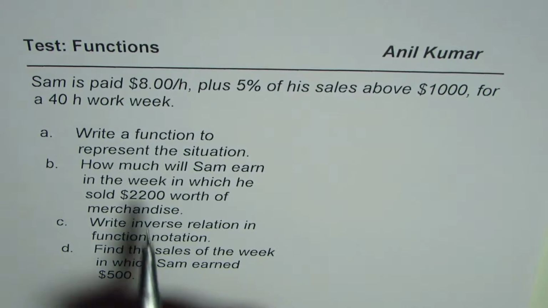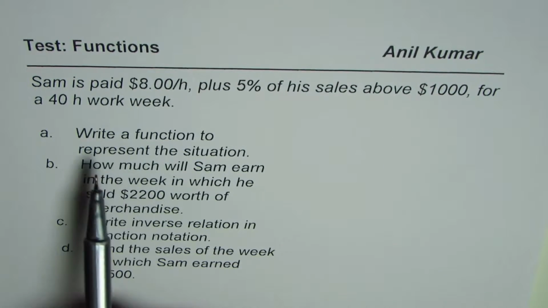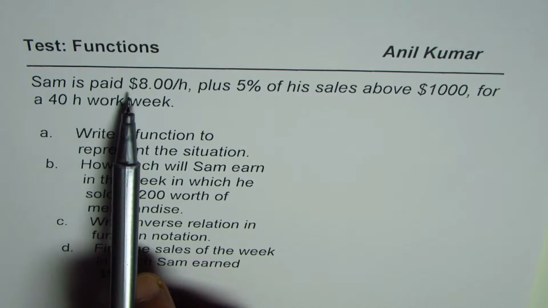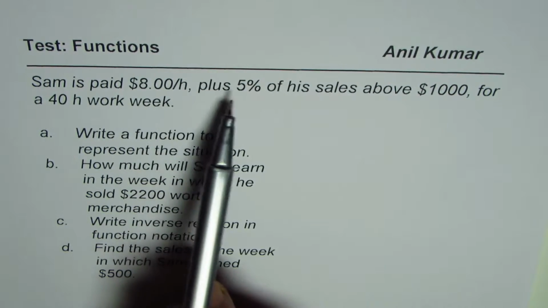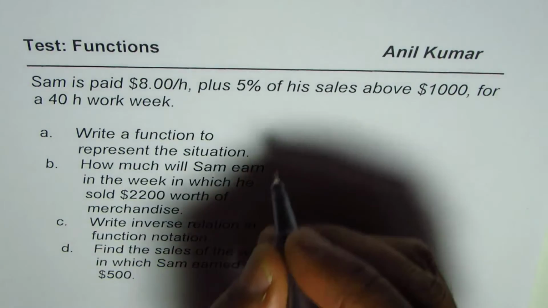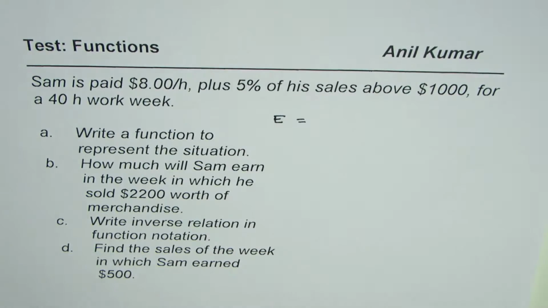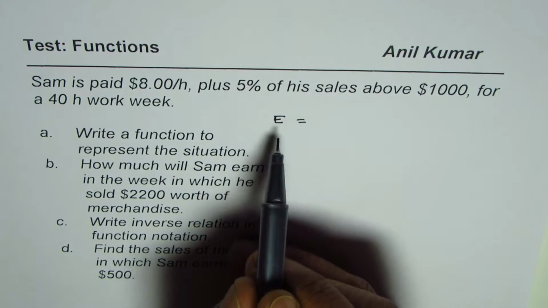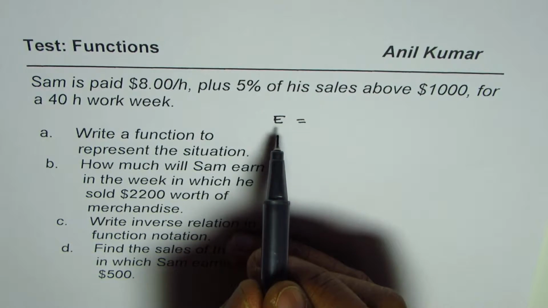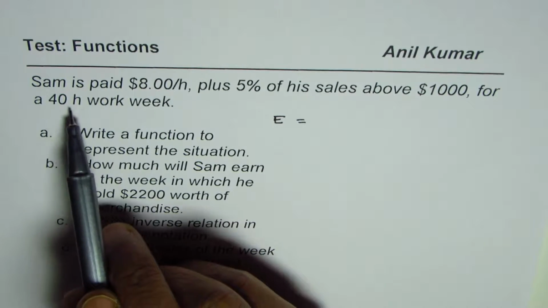Now let's begin by writing the function to represent this situation. Sam is paid $8 per hour plus 5% commission on the sales above $1,000. Let E be Sam's earning in dollars. This earning is at the rate of 8 per hour for a 40-hour week.